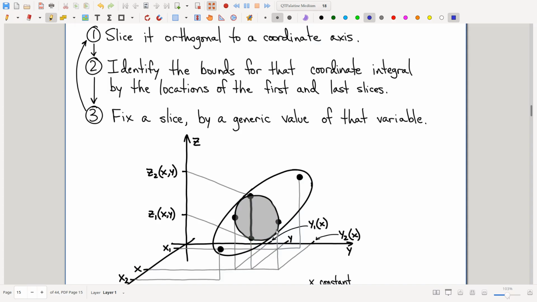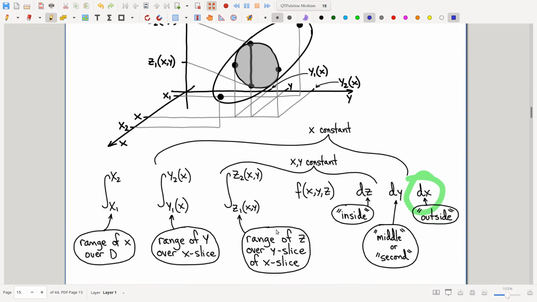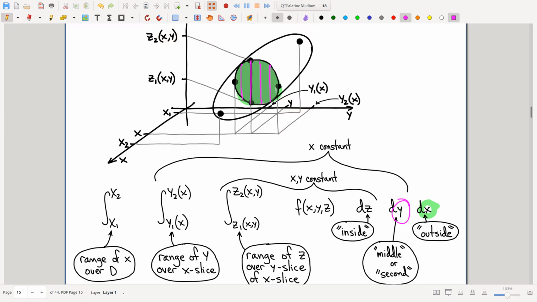Okay, so we have our x bounds. We fix a value of x. And now we're going to go on to our y slices. What's the range of values for y? Well, here's what y slices look like. Again, you've got to use your geometric imagination.